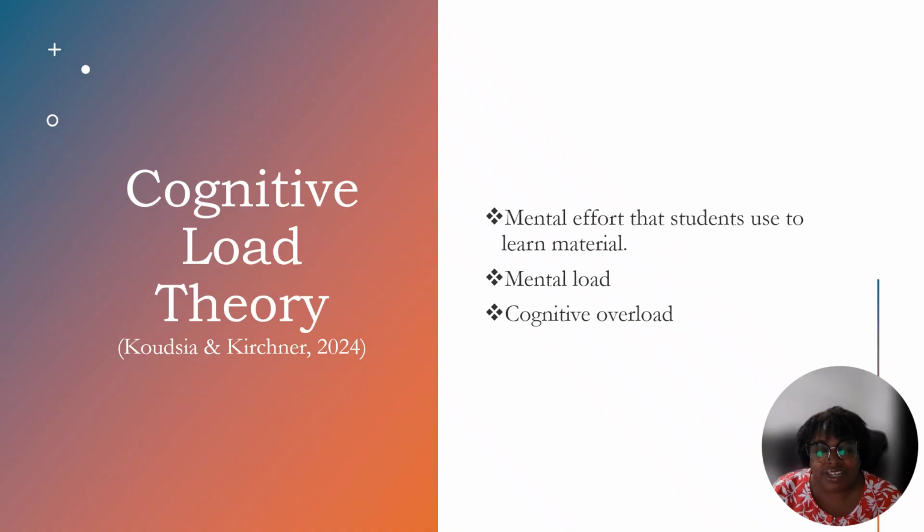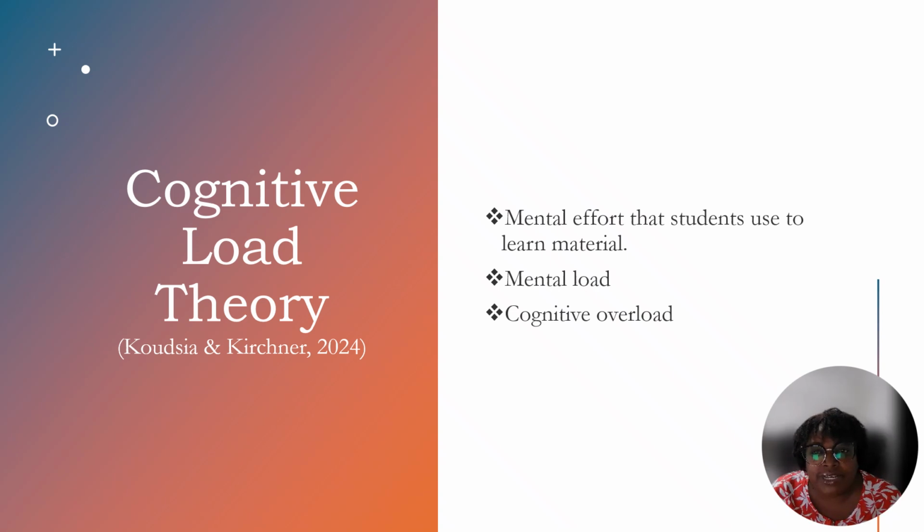So now that we've looked at the graphic and multimedia, I talked about the term cognitive load theory. And so, what is that exactly? That is the mental effort that students use to learn material. There are other terms like mental load and cognitive overload that are associated with cognitive load theory.